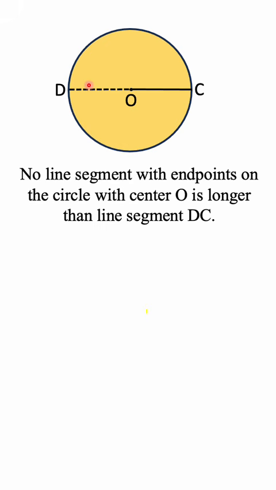We can translate this to mean that DC is the diameter, because the diameter connects two points on the circle and is the maximum. No line segment that connects two points on the circle is longer than the diameter. So this is the diameter for sure.